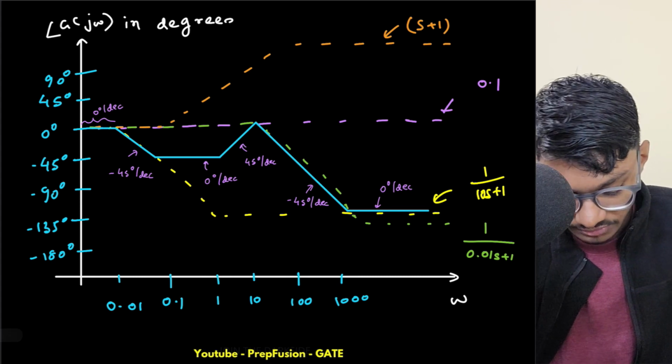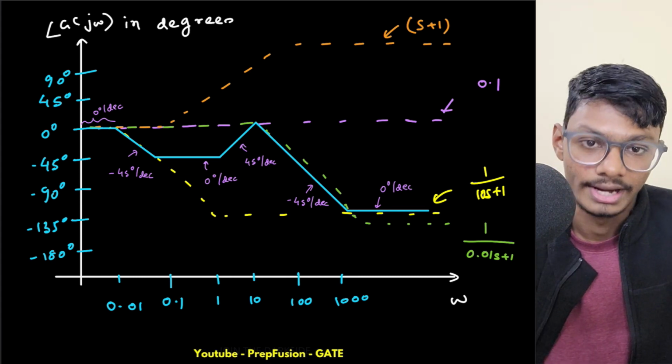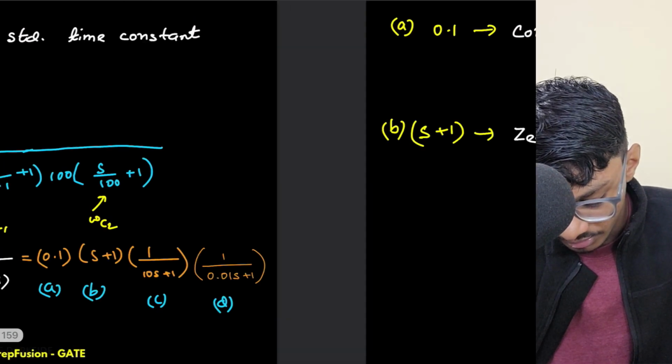One thing you can cross verify is for the phase plot where it will end. I mentioned one key point where it will end.